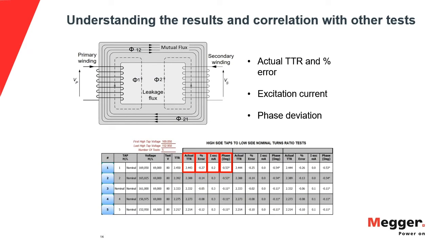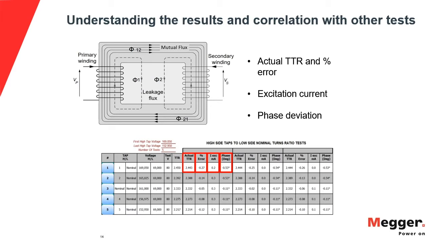Okay, so when we run the test, like we've been mentioning already, we get our measured voltage ratio, the actual, what in this table is called actual TTR. And I said that we compare that number against the TNR multiplied by the recalculation factor. Doing that comparison, we can calculate what we call the percentage error: how far my measurement is from the calculated value that I get from my nameplate.